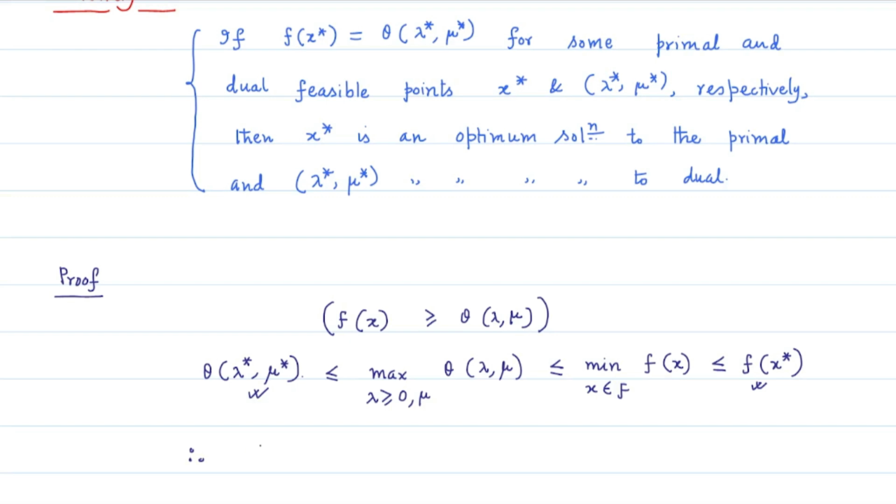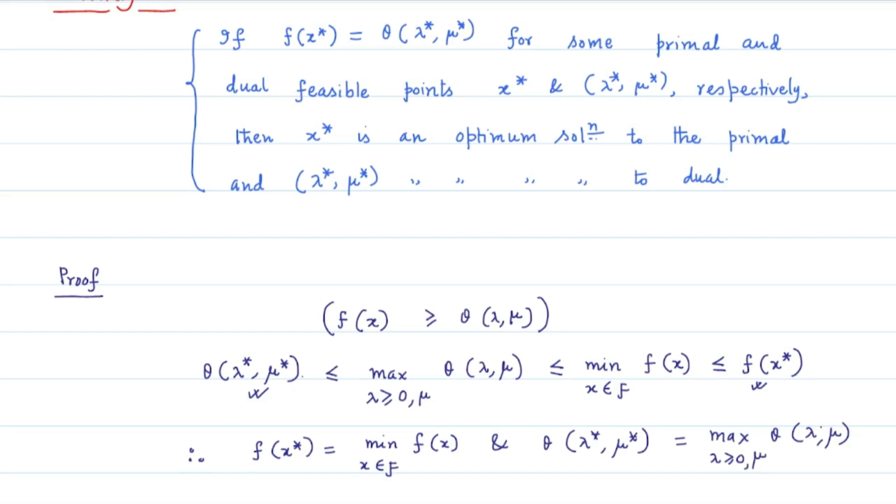So we have f x star equal to the minimum value of the function f over the feasible set capital F, and theta lambda star mu star equal to the maximum value of theta lambda mu over the feasible set of the dual problem. And hence that proves the result that this pair of points x star and lambda star mu star are optimum solutions to the primal and to the dual respectively.